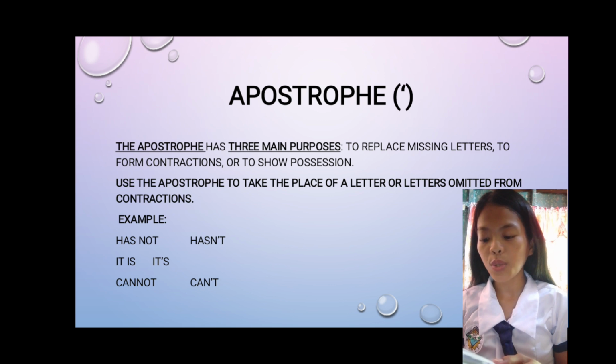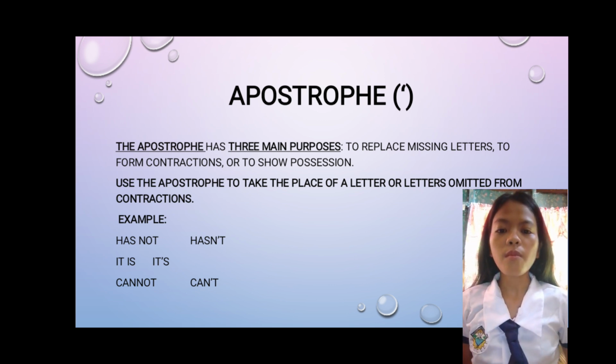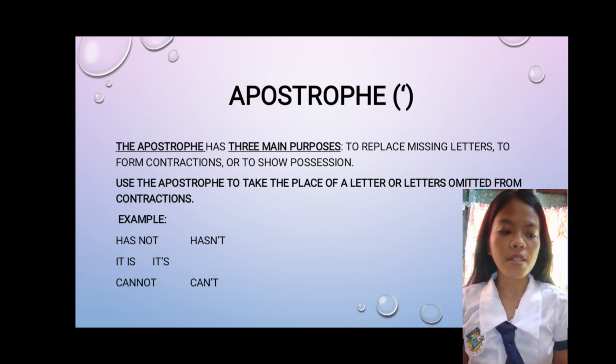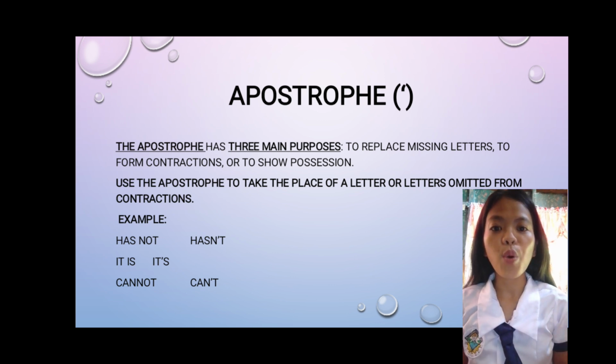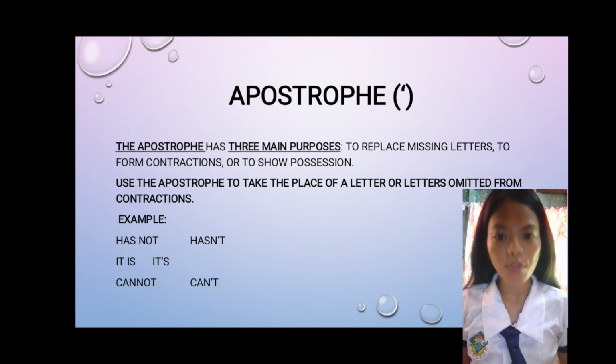Number two is possession. This is to indicate a possession. For example, when you possess something, when you own something, like Nelmark's house.